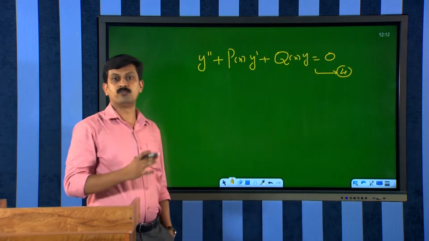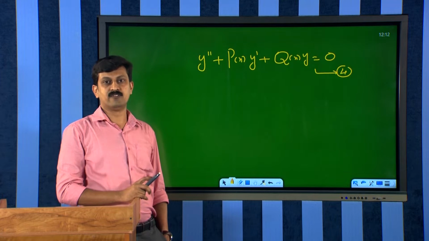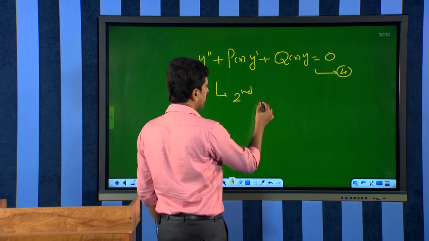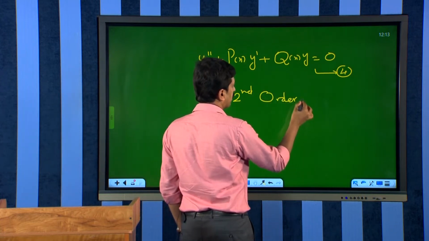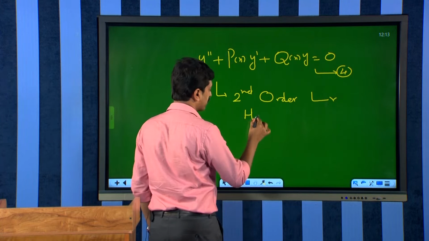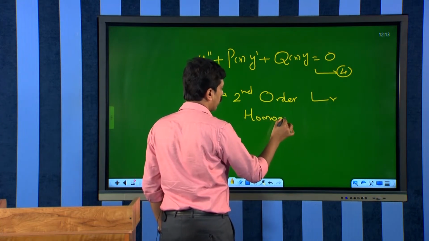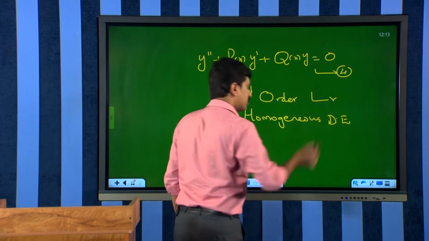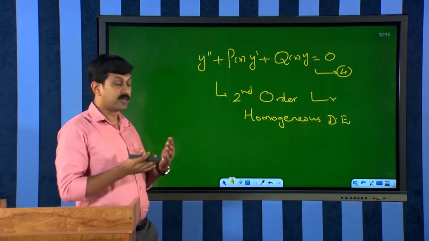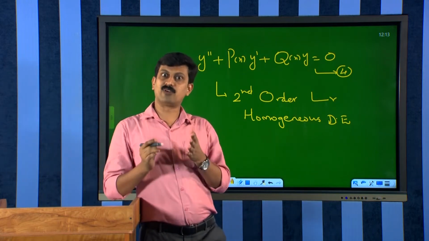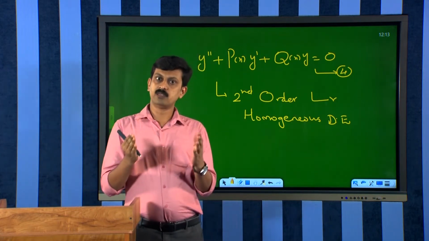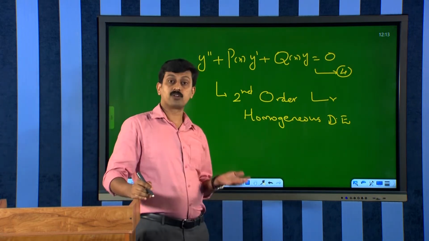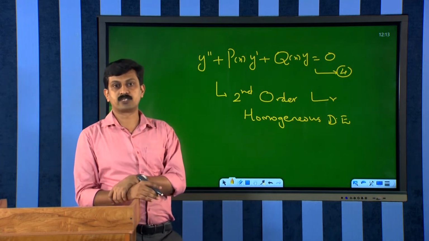This is the homogeneous second order linear differential equation. From this discussion, we can divide our second order linear differential equations into second order homogeneous linear differential equations as well as second order non-homogeneous linear differential equations.